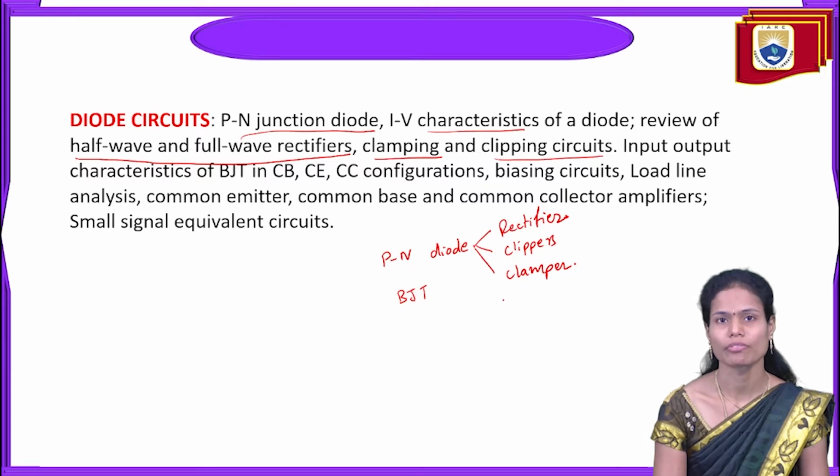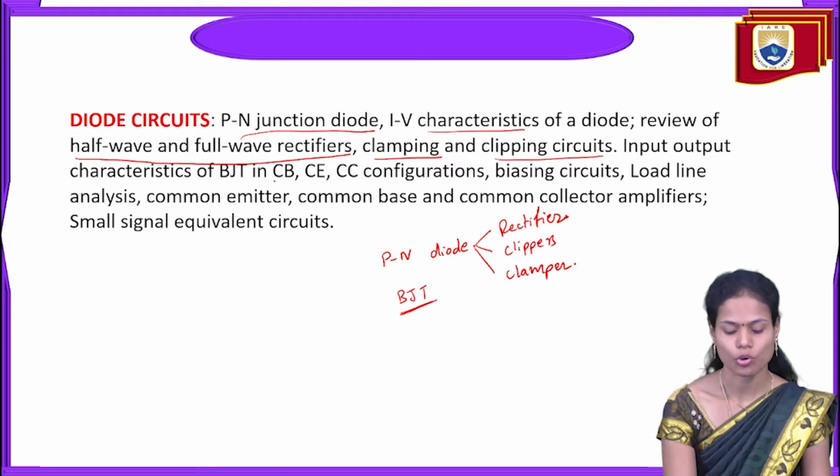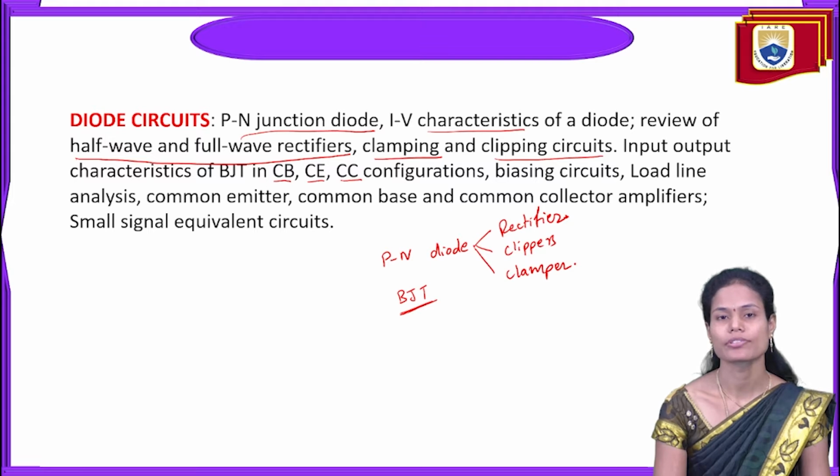The second part of the first module is the bipolar junction transistor. In the case of the bipolar junction transistor, we have seen the construction and operation of the transistor, and also the different configurations, that is common base, common emitter, and common collector configurations of the BJT. In order to operate this transistor, different biasing circuits are required.